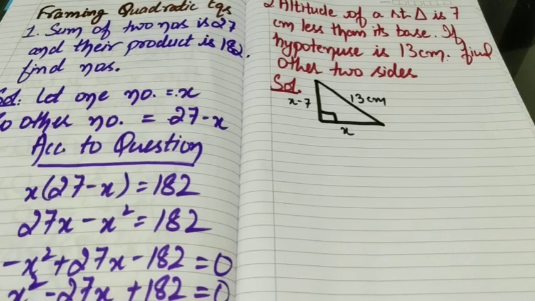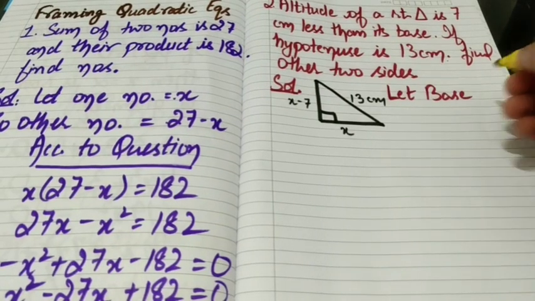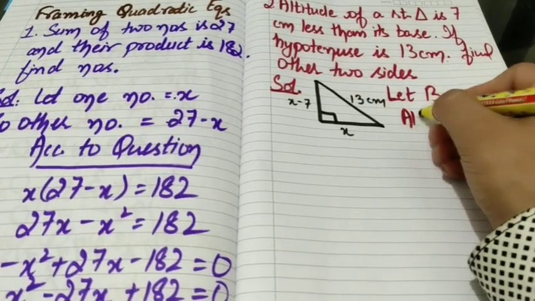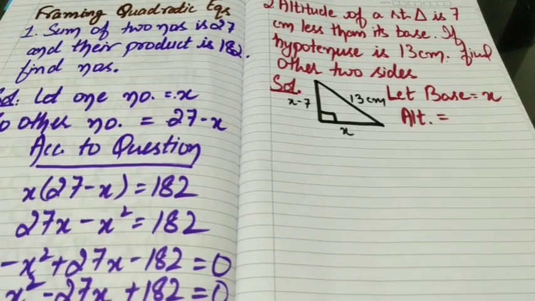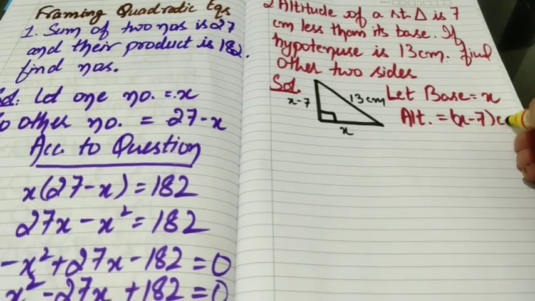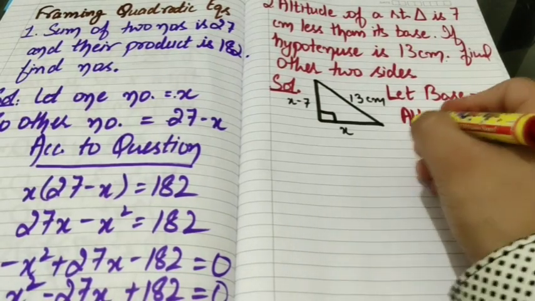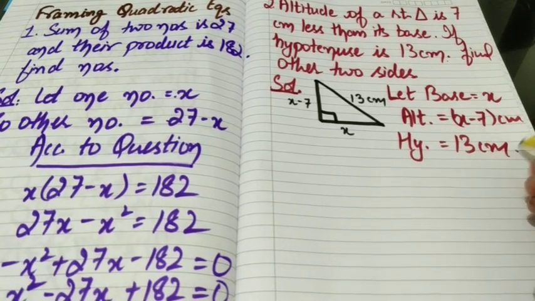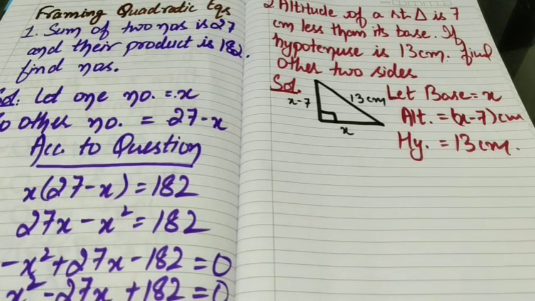So let us start with base equals to x centimeter, then the altitude will become 7 cm less than the base, that is x minus 7 centimeter, and it is mentioned that the hypotenuse is 13 cm. And we know that in a right angle triangle, the three sides are related to each other by the relation that hypotenuse squared equals the sum of squares of the remaining two sides, which is Pythagoras theorem.